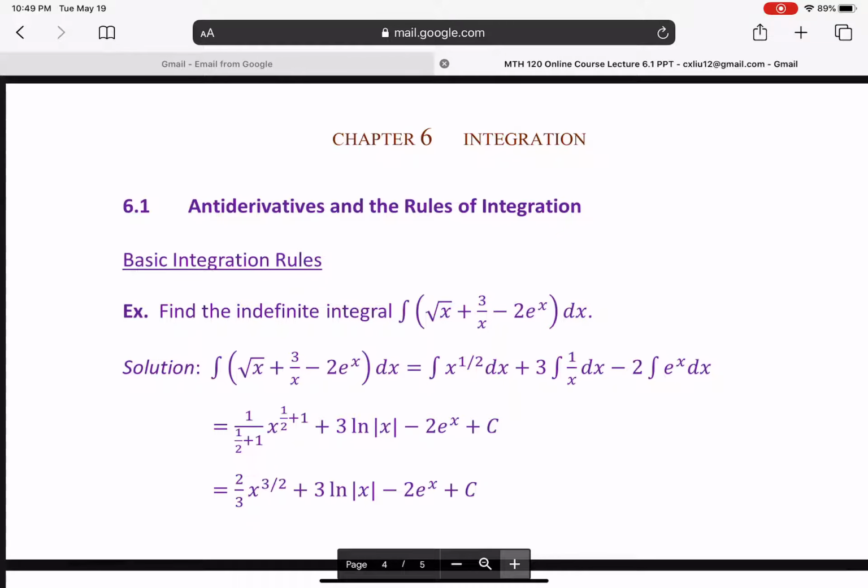So we get 1 over half plus 1 times x to the 1 half plus 1. So n equals half in here. And we get 3 times the natural log of absolute x from the second term and negative 2e to the x from the third term. So at the end, we get 2/3 times x to the 3 halves plus 3 times natural log of absolute x minus 2 times e to the x plus c.